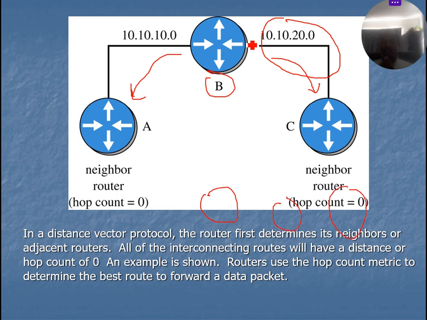So 1, 2, 3, maybe 3 hop counts before it reaches the destination this way. But this way, only 1 hop count. Since this has only 1 hop count, meaning we pass through one router, this router will forward the data through this side to the destination. Is that okay?